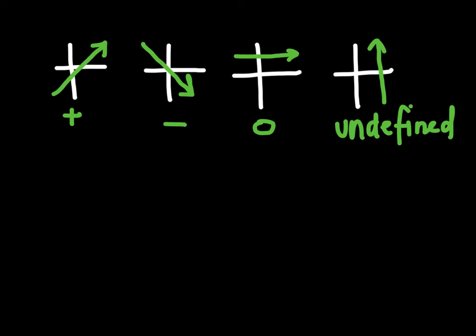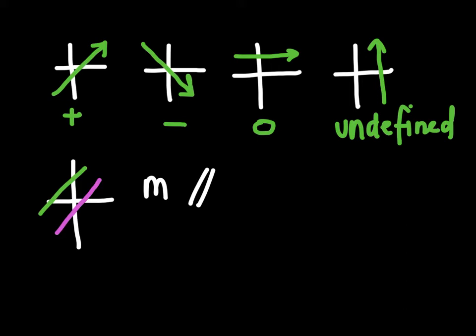Okay, the thing you need to remember about parallel lines: those lines are parallel. They will never intersect. The slope of parallel lines, M stands for slope, are equal. The slopes of parallel lines are equal.